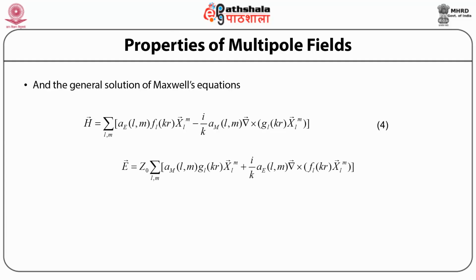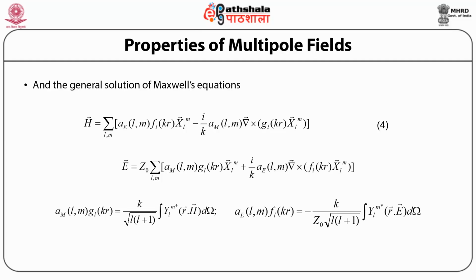E vector is equal to Z0 into summation over LM of a_M(L,M) g_L(kr) X vector LM plus i by k a_E(L,M) del cross f_L(kr) X vector LM.